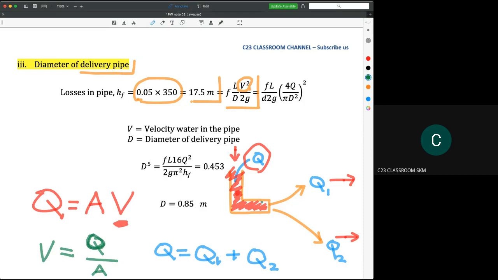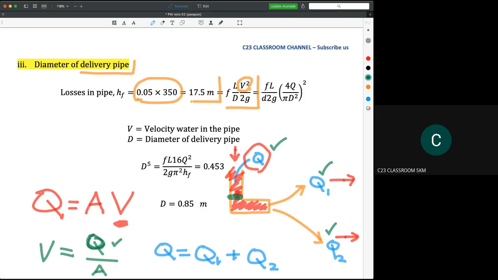Previously, in our calculation, we could determine the value of total flow rate, and also we already know the flow rate for each nozzle. So the Q is already known, and the value of A here, A is the cross-sectional area of this delivery pipe.